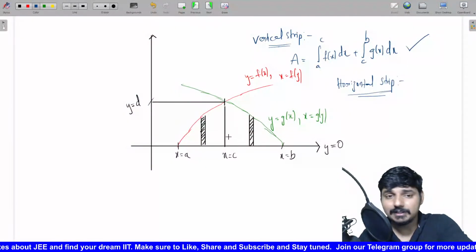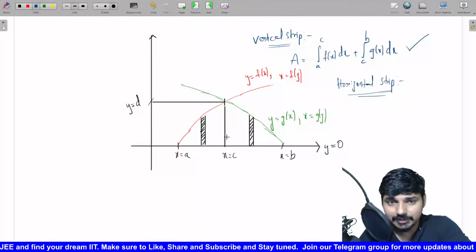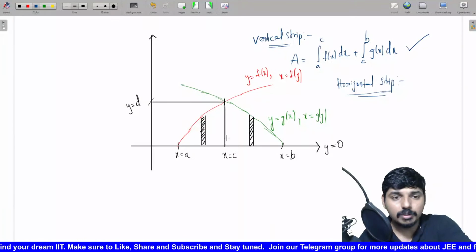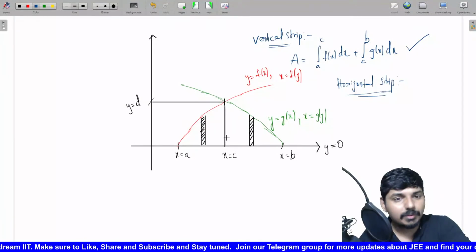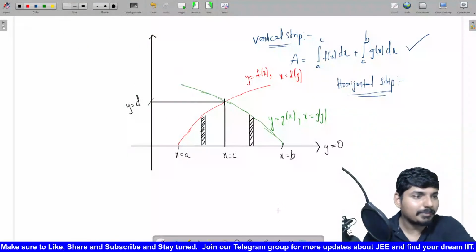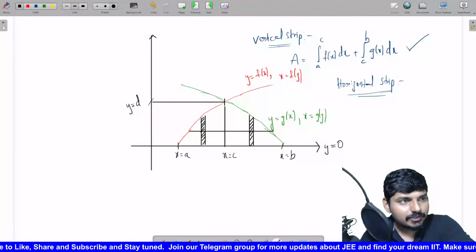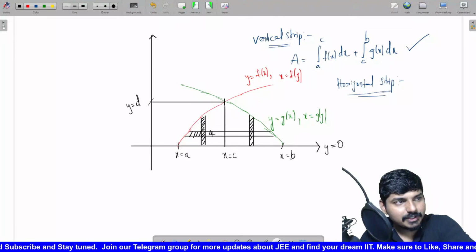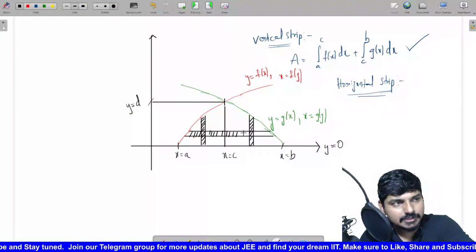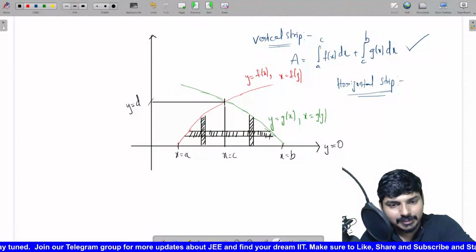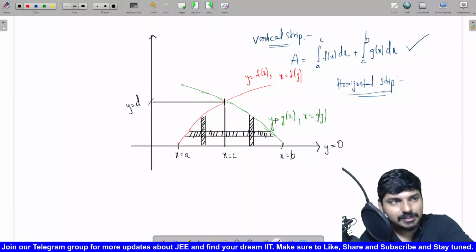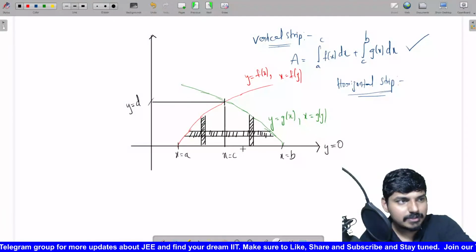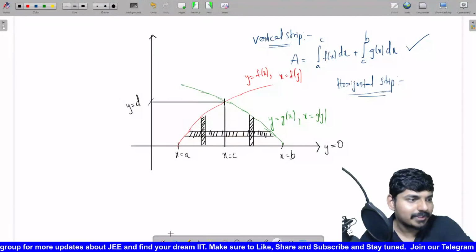If you are using a horizontal strip, you need only one horizontal strip, because when you take one horizontal strip, I think that is going to be sufficient. If you take this one horizontal strip, it is going to include both g of x and f of x between the limits y equal to 0 and y equal to d.